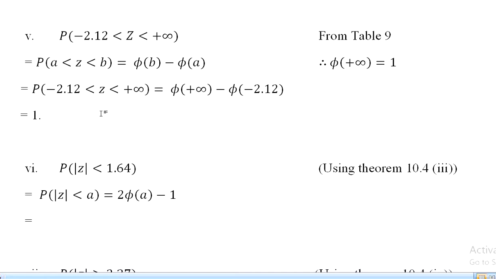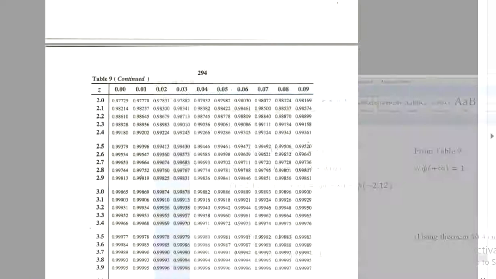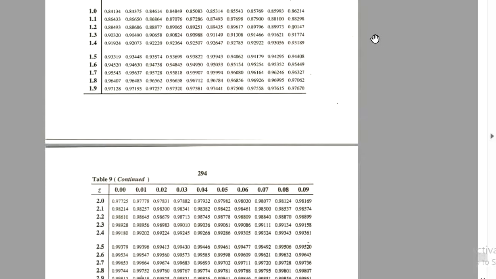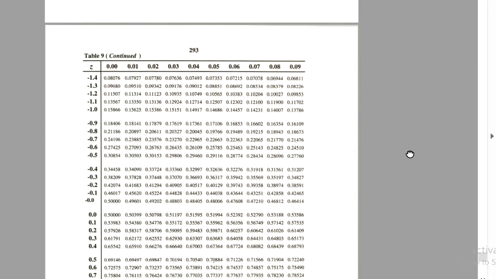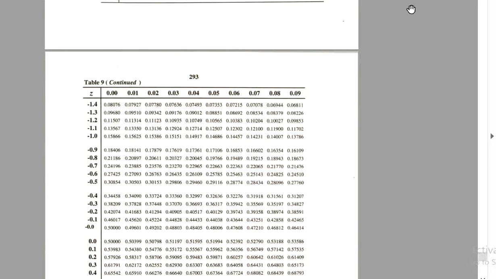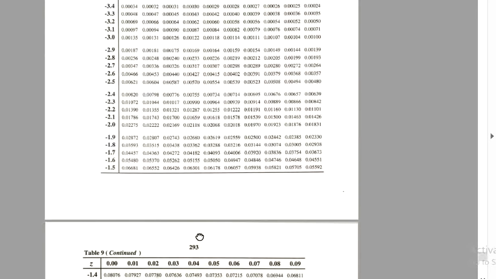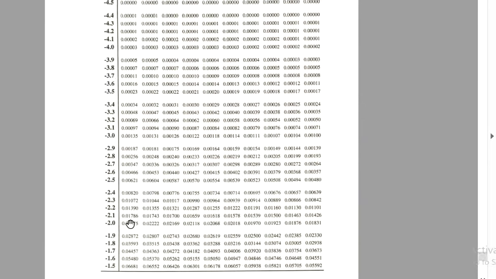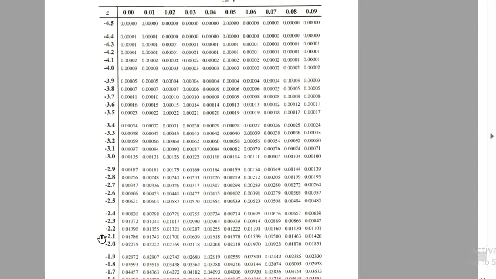We will write 1 minus, basically its probability is 1. Now let's look up phi of minus 2.12 in the table. We will look up minus 2.1 in column 2. Here it is, minus 2.1, we look at 2. And there it is, 2, 0.017.